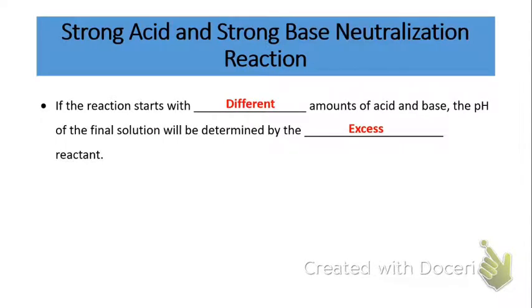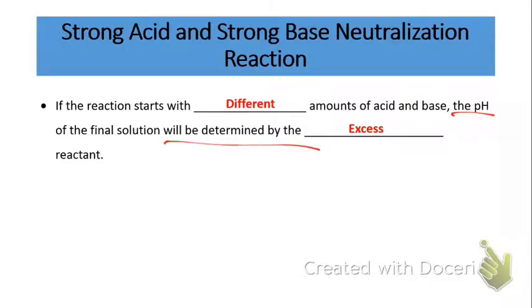Now, what if we start with different amounts of acid and base? Well, in that case, one of the reactants, either the acid or the base, is going to be in excess. And so whatever reactant is the excess reactant is going to determine the pH of the solution.